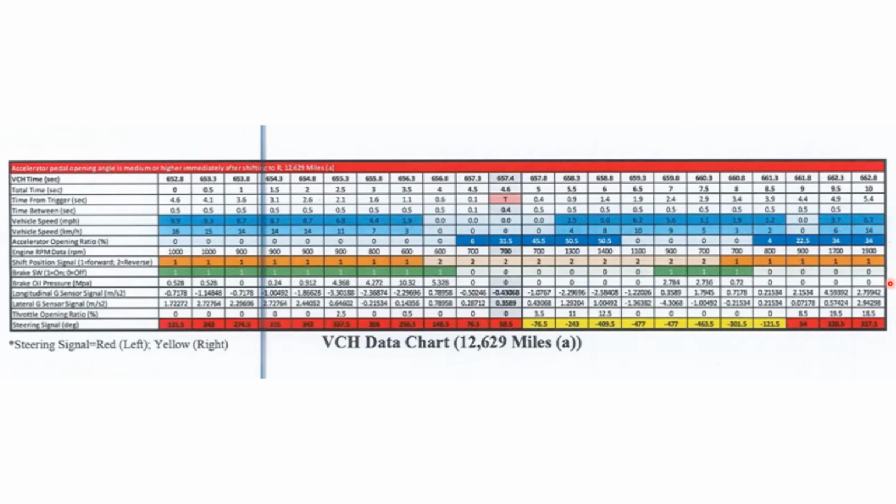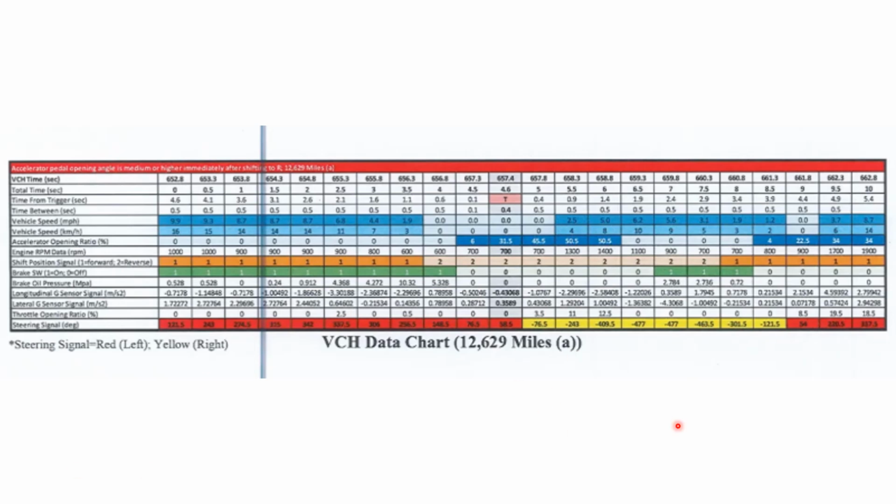So a 3-point turn. Then it talks about brakes being on or off. At the 1s, they're on. 0, they are off. On, off. And then the steering signal, red meaning it is to the left, yellow meaning to the right, and of course red again to the left.